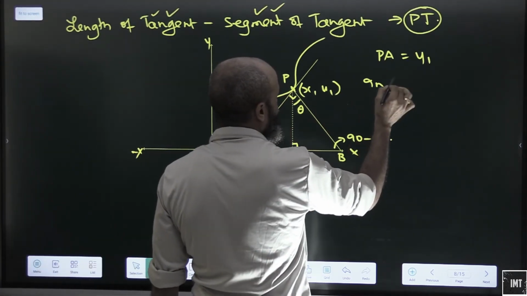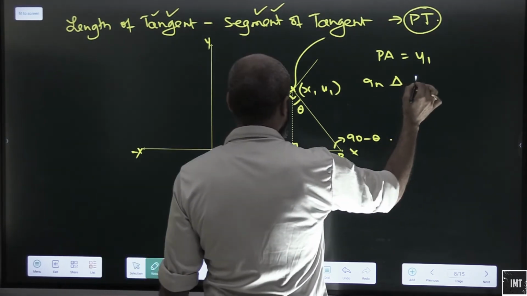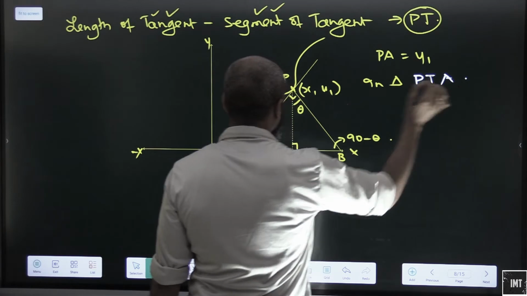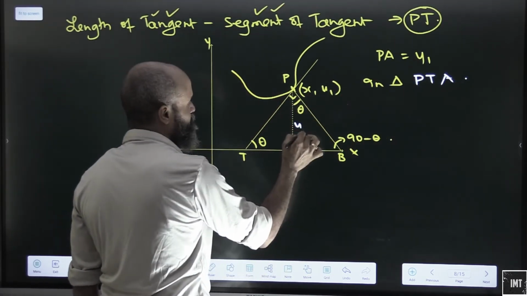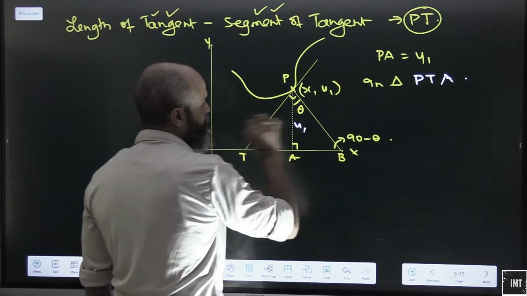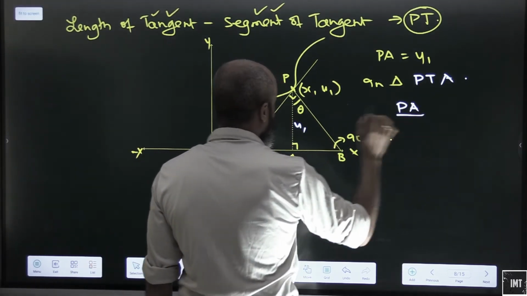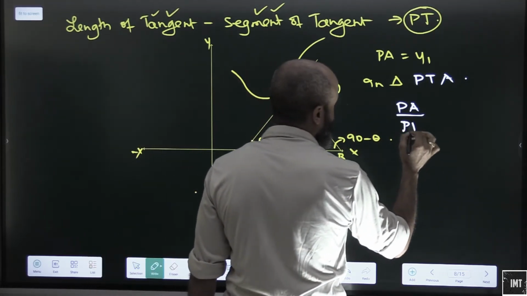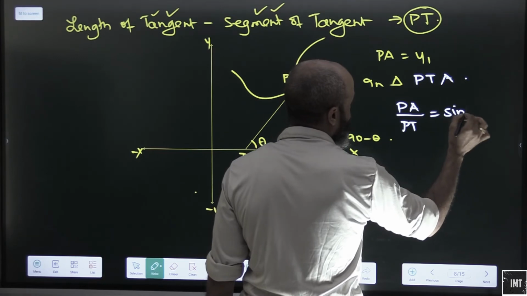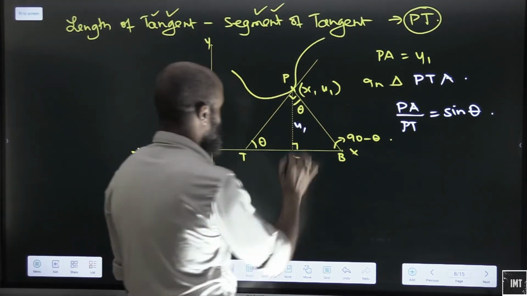In triangle PTA, PA is equal to y1. PA is the perpendicular, PT is the hypotenuse, so perpendicular upon hypotenuse is equal to sine theta.